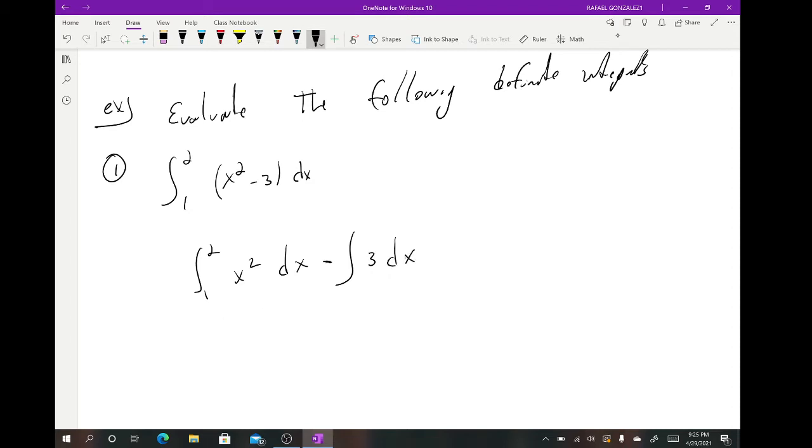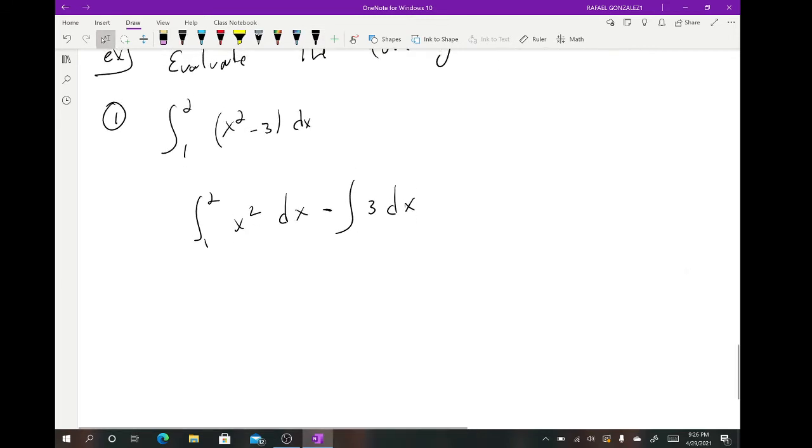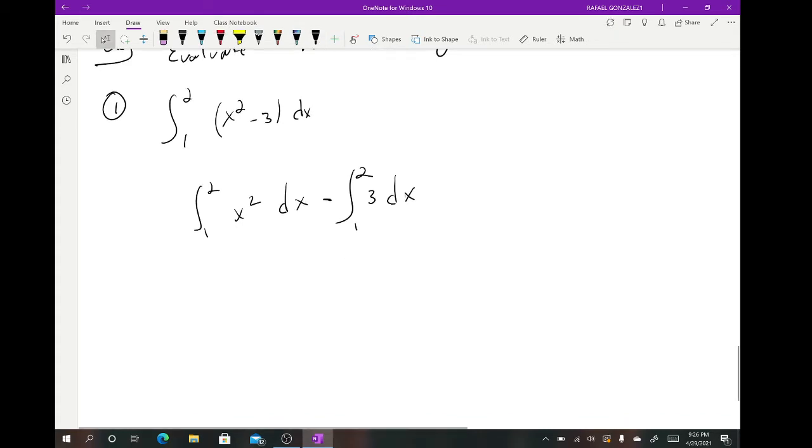We could first separate the antiderivative and find it term by term. This is probably the only time that I'm going to do this in these examples, but I want to remind you that we can do this, and so oftentimes it is useful to separate the integrals. So this still applies for definite integrals. You could still separate it.